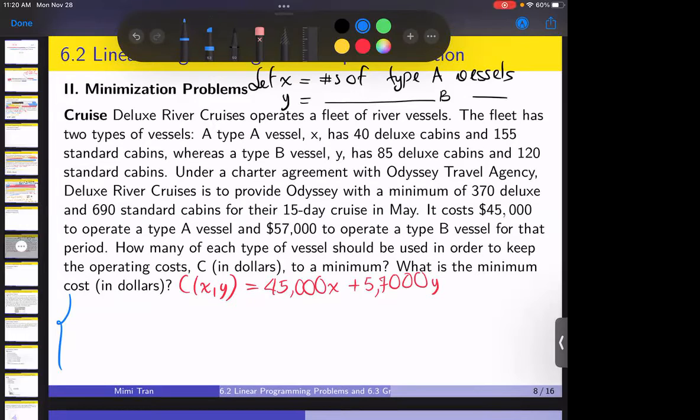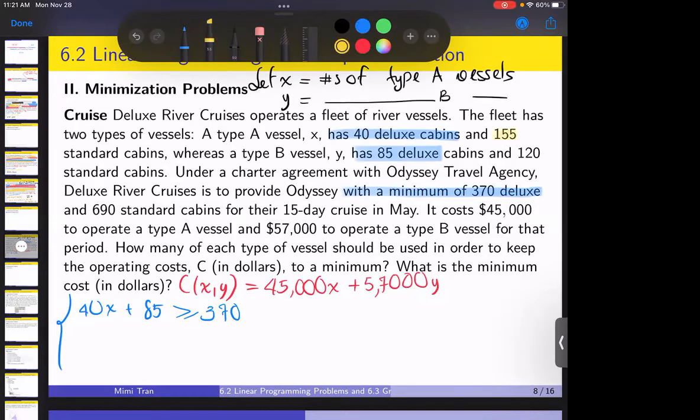All right. Anyone, first inequality? Deluxe come together and standard come together. It's kind of like chairs and tables. So deluxe together: type A vessel has 40 deluxe, and type B has 85 deluxe, and the minimum is 370.